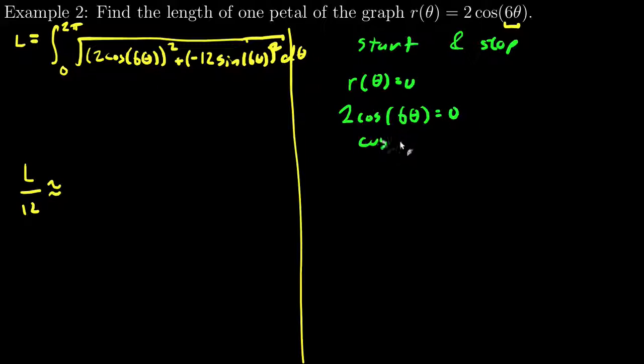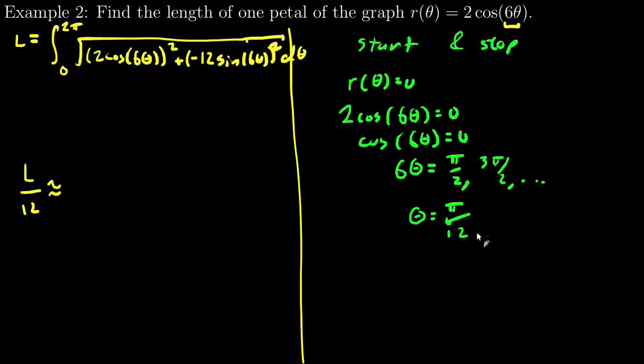That means the cosine of 6 theta is equal to 0. And that happens where 6 theta is equal to pi over 2, 3 pi over 2, and so forth and so on. I don't need more than 2 because this will be a single petal. To solve for theta, I divide by 6, and I get theta equals pi over 12, or 3 pi over 12, which is pi over 4.